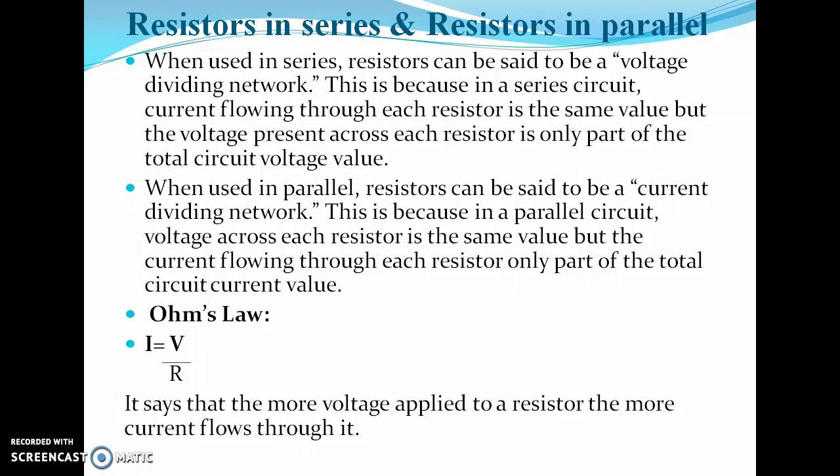So in that case we have to use a resistor in the circuit. Now there are two ways a resistor can be used in a circuit: series combination and parallel combination.